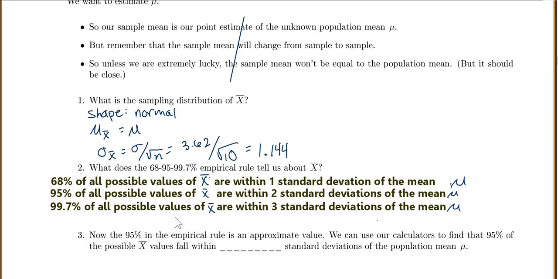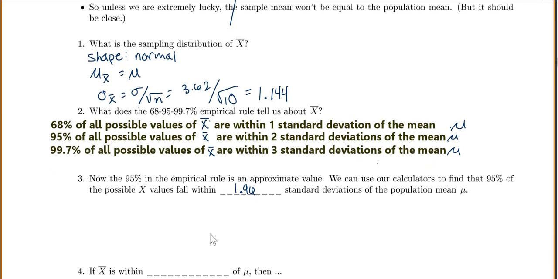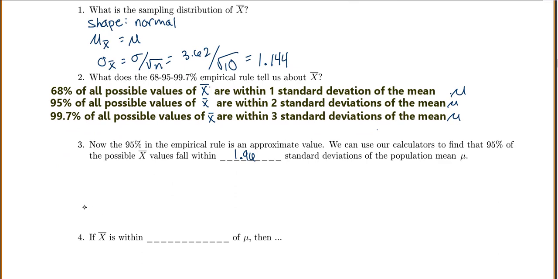So now, that 95% in the empirical rule is an approximate value. We can use our calculators to find that 95% of the possible x bar values fall within actually 1.96 standard deviations of the mean mu. Let's figure out how we would actually do that.